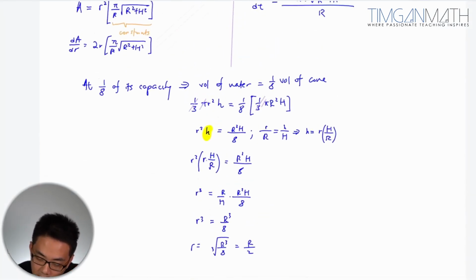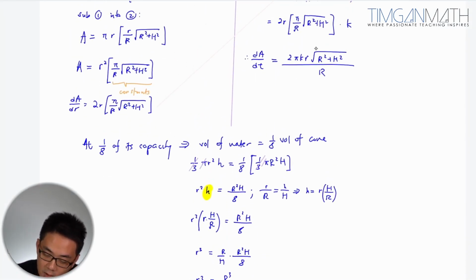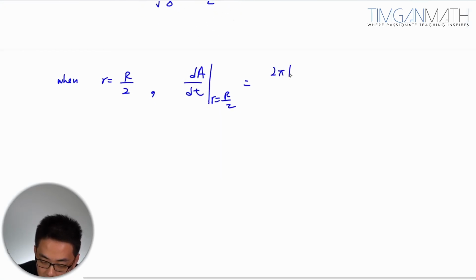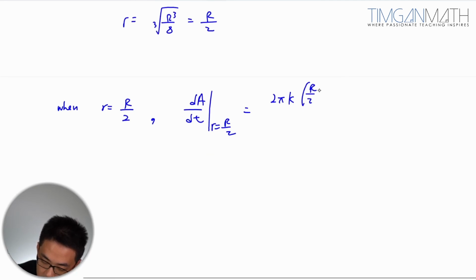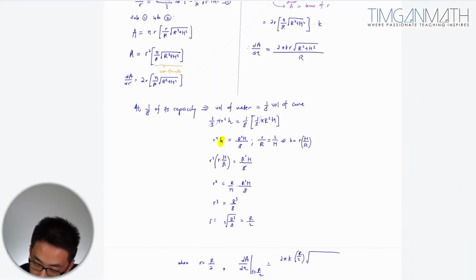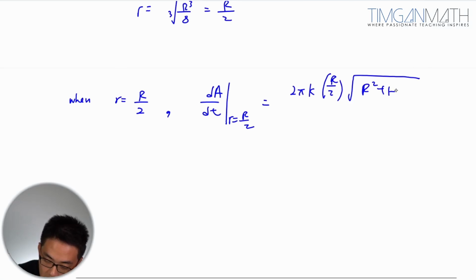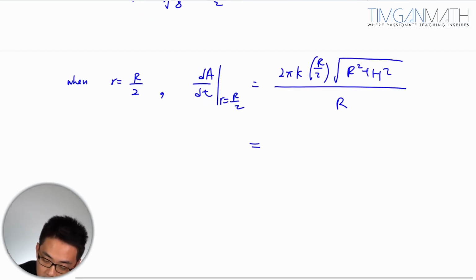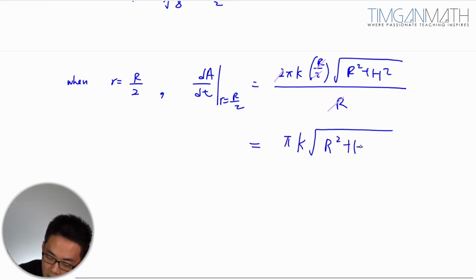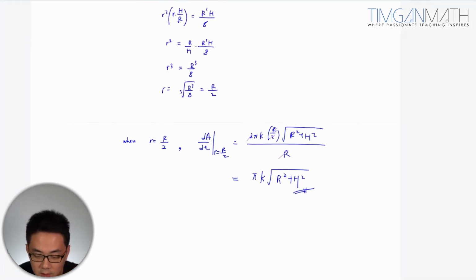That will be given by 2 pi k r, so 2 pi k R over 2 times the square root of R squared plus H squared over R, and that will give us, cancel, just do some basic manipulation there, pi k R squared plus. Okay, that's how we do this question here professionally. If you have any questions at all, please let us know, and I'll see you in the next.